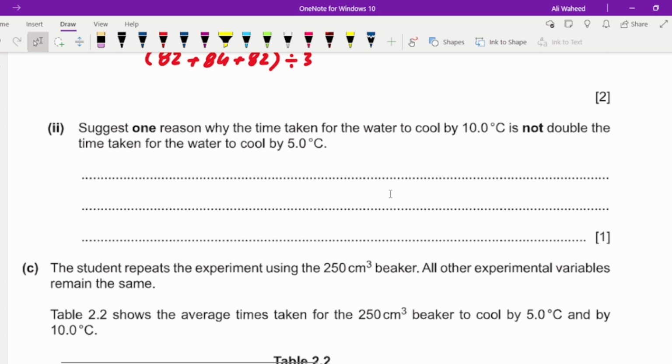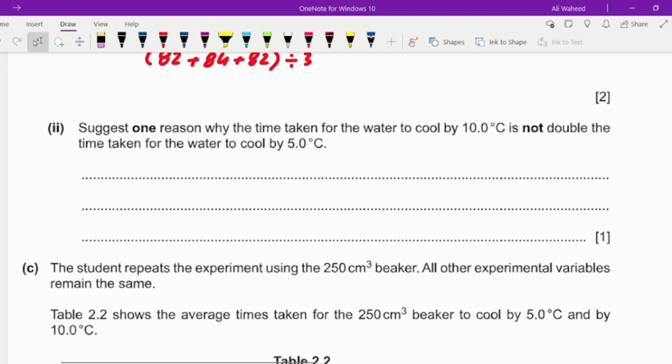Anyway, suggest one reason why the time taken for the water to cool by 10 degrees Celsius is not double the time taken for the water to cool by 5 degrees Celsius. What they're saying is, when the temperature of the water decreased by 10 degrees Celsius, why is the time not double that for when the temperature of the water was decreased by 5 degrees Celsius?